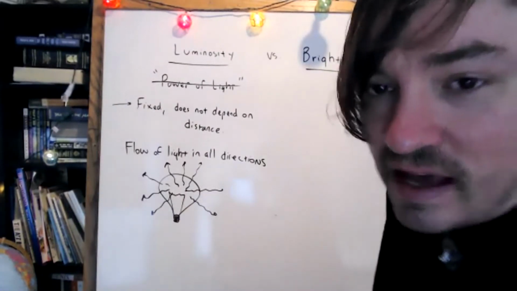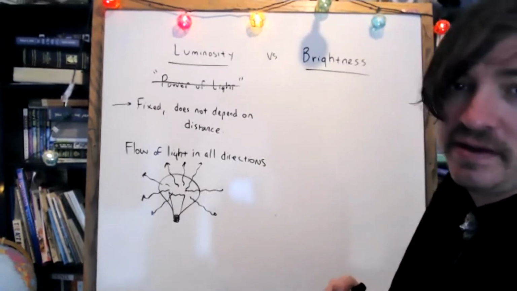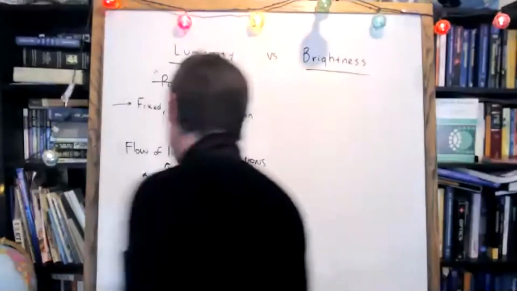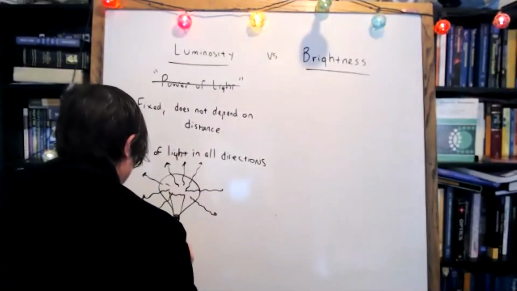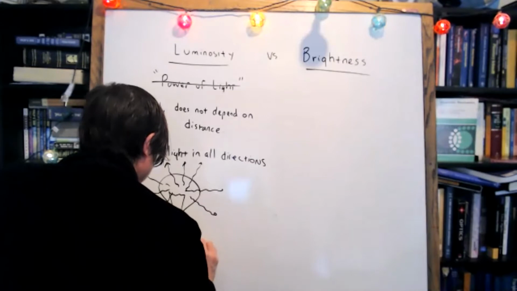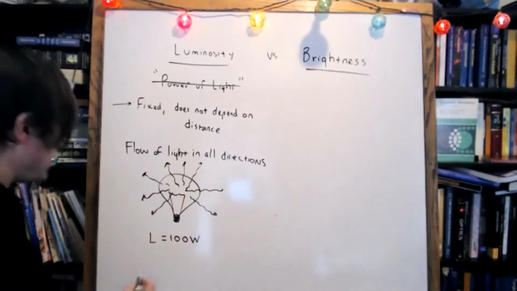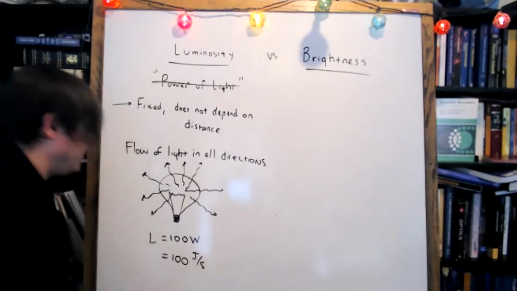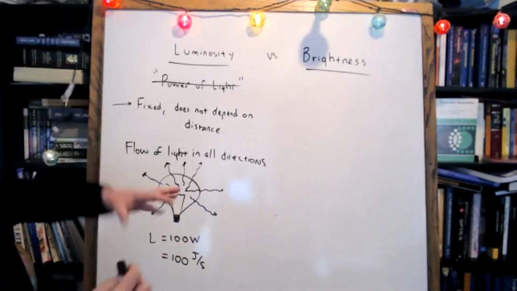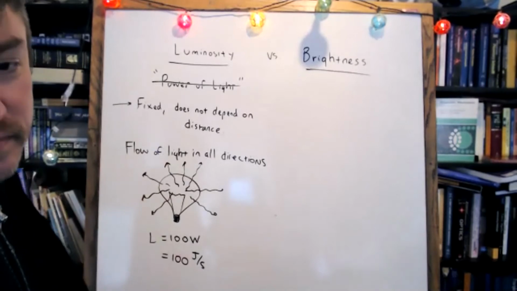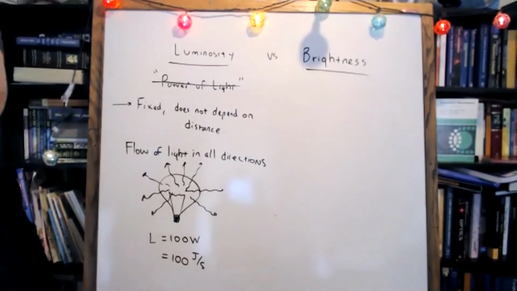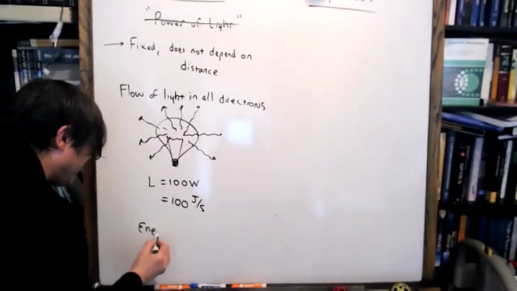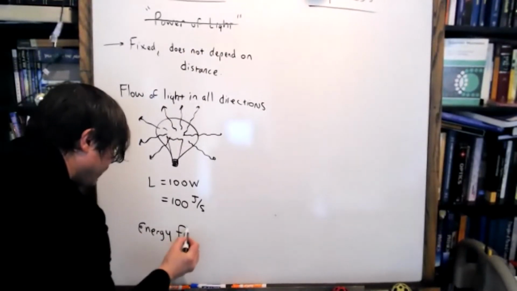I won't tell you about solid angle geometry today. That's L. If I say a light bulb has a luminosity of 100 watts, that's telling me that there are 100 joules of energy flowing from the bulb in all directions. It's energy flow. It's a rate of energy flow in the form of light.